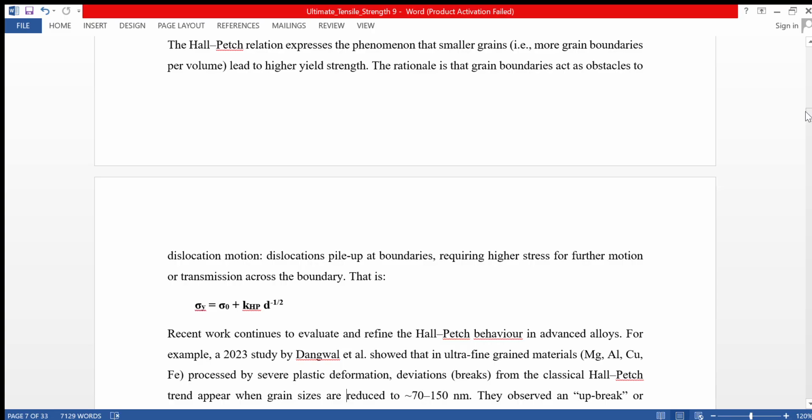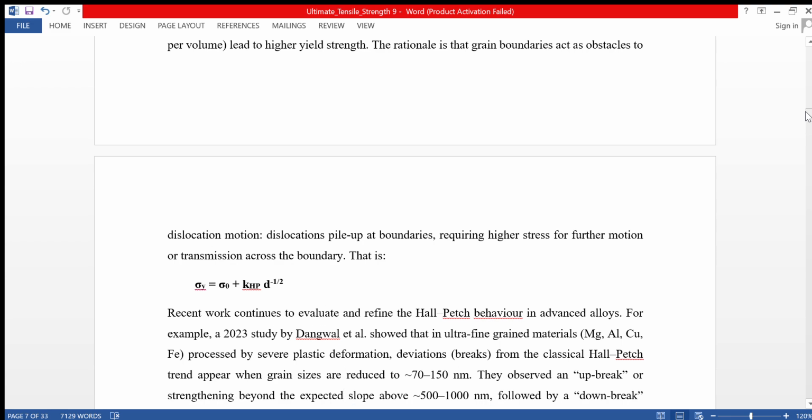For example, a 2023 study by Dengwall et al. showed that in ultrafine-grained materials processed by severe plastic deformation, deviation from the classical Hall-Petch trend appears when grain sizes are reduced to approximately 70 to 150 nanometers.